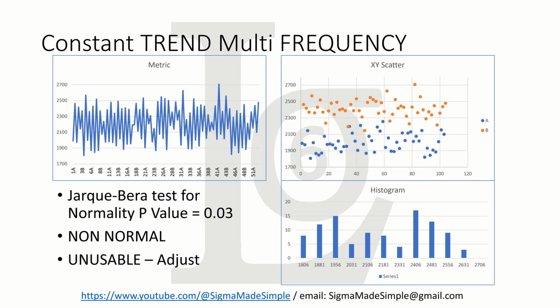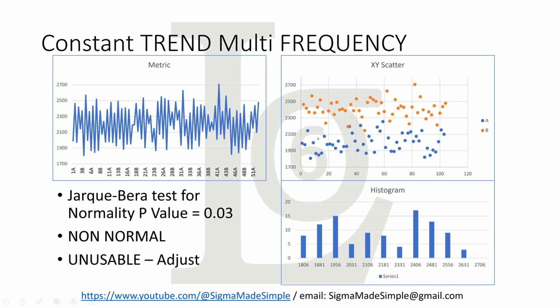The histogram does look weird, and it's what we call bimodal because it has two peaks. This, again, is usually an indication of some sort of multi-frequency. If you look at our Jarque-Bera test for all of the data, it's 0.03, which is below 0.05, which means it's not usable and it's non-normal.